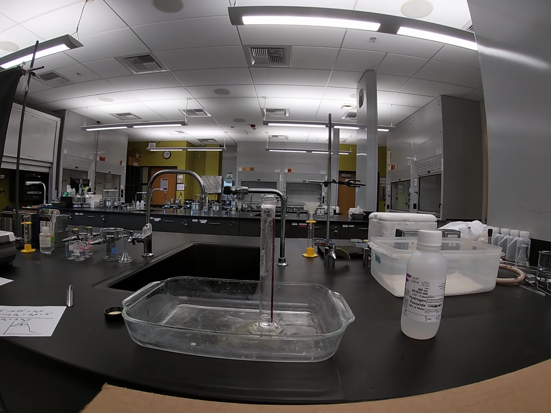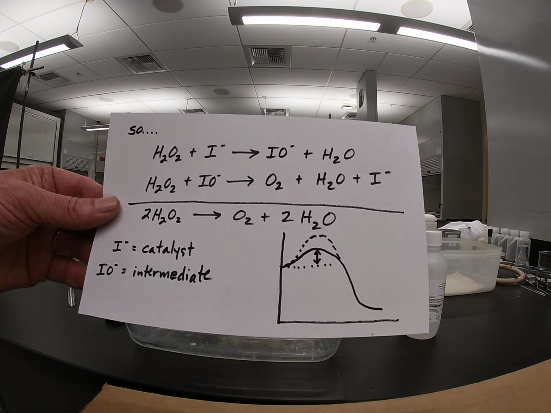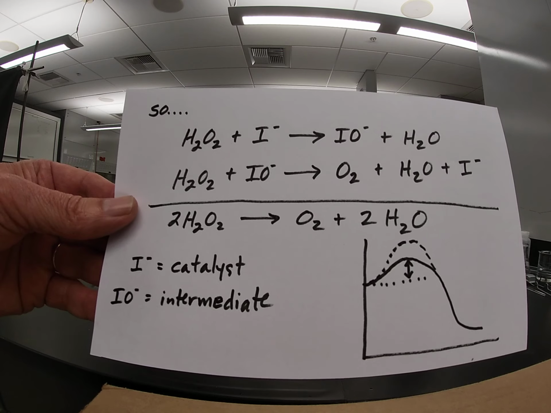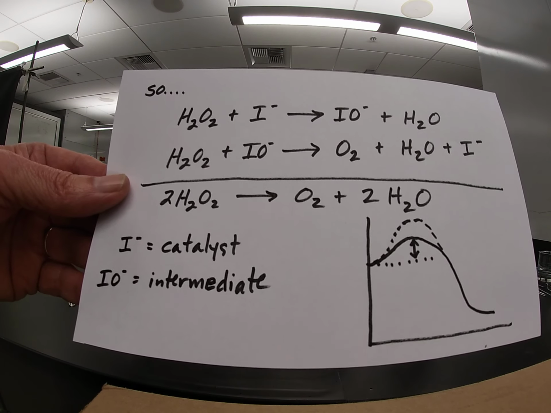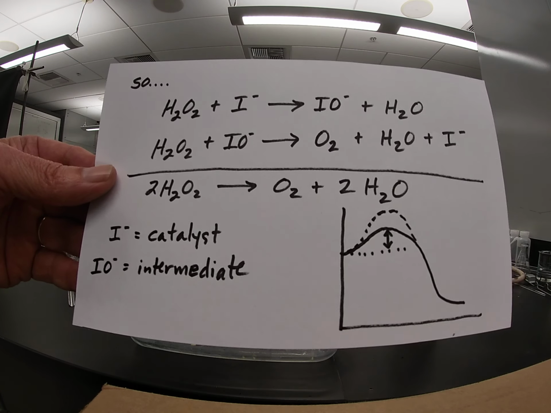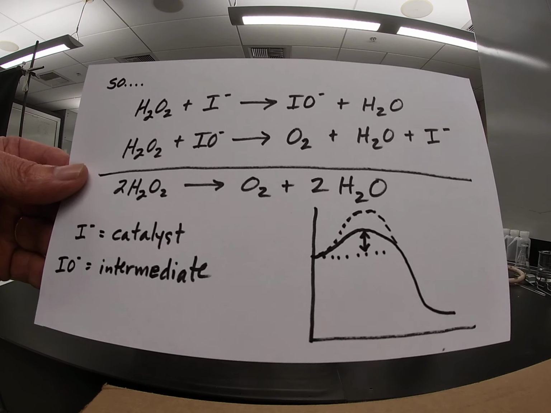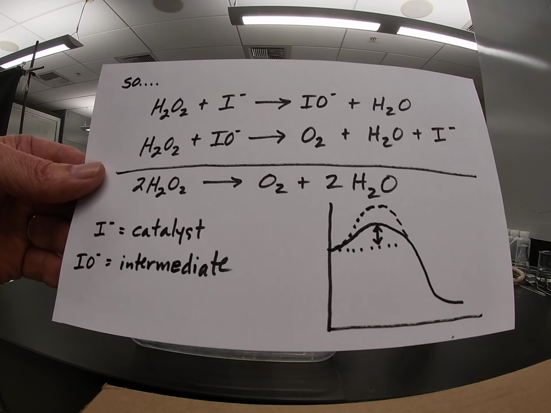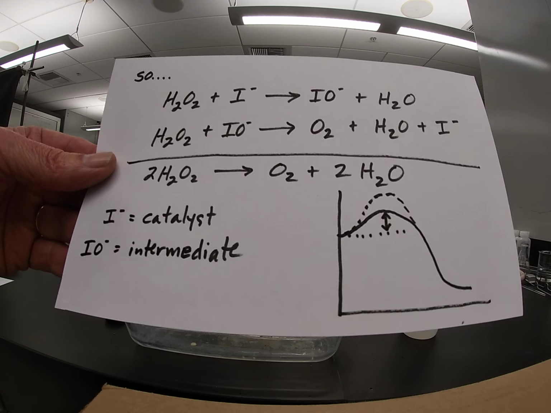So if we look at it in a more systematic way here without all the dot diagrams, this shows our catalyzed reaction, where in step one the hydrogen peroxide combines with the iodide ion to make hypoiodite and water. In step two, another hydrogen peroxide molecule combines with the hypoiodite ion to make oxygen, water, and iodide. And if we add up the two steps, we get, of course, the balanced chemical reaction shown there at the bottom.